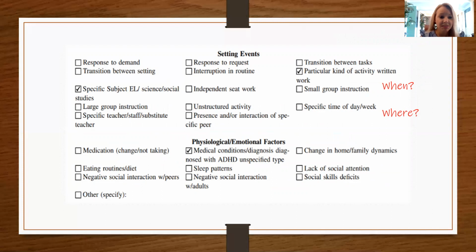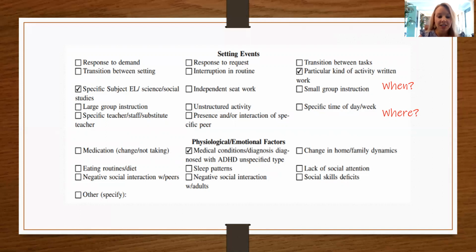Is it because of a specific subject? Is there a specific teacher or substitute teacher? Do we see this behavior when there's a change in the routine? Is it during independent seat work, small group work, whole group instruction? Is it happening at a particular time of day or week? Is it happening during transition times?